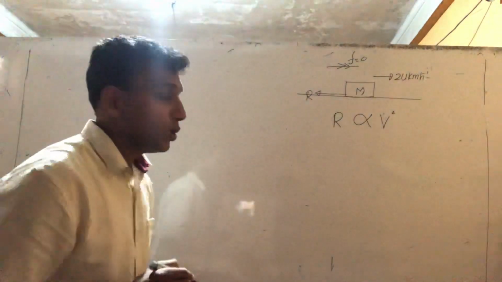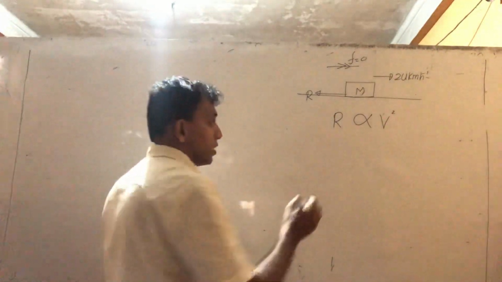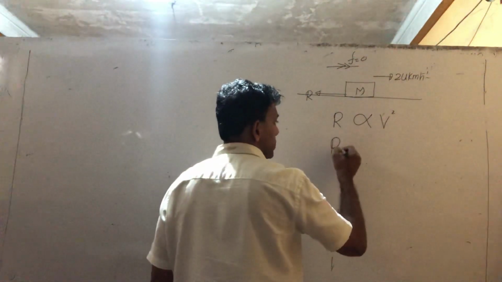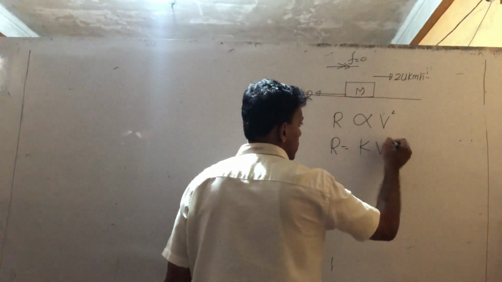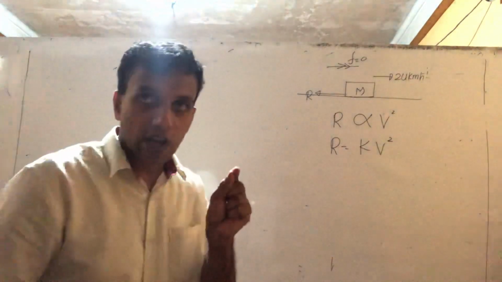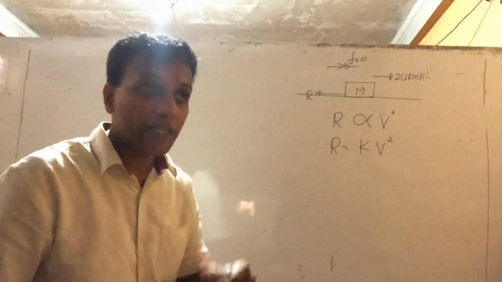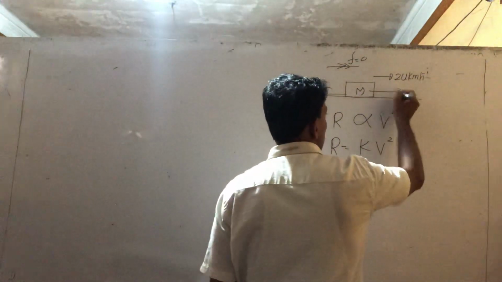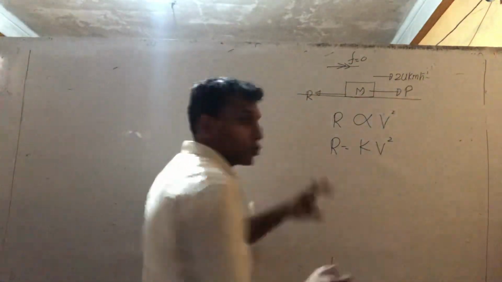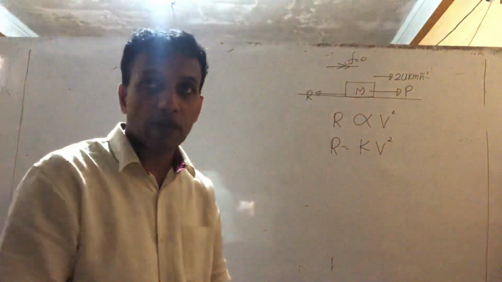When you equate a proportionality, you put a constant. So R equals K into velocity square. Also, I mention the tractive force, the force pulling this vehicle, as P. It's the usual notation, right? The tractive force is P by the vehicle.